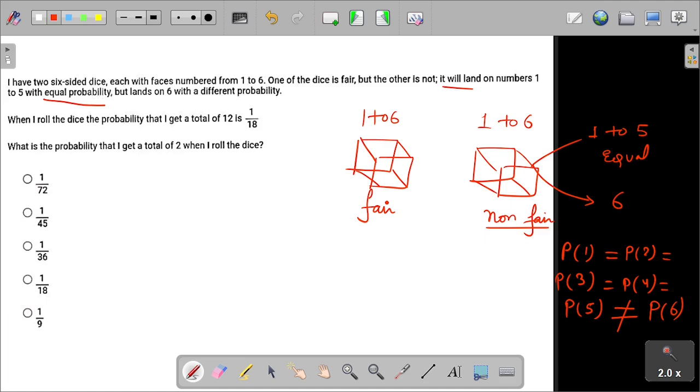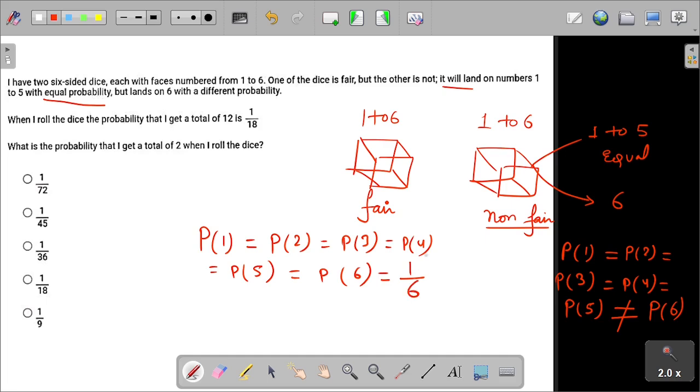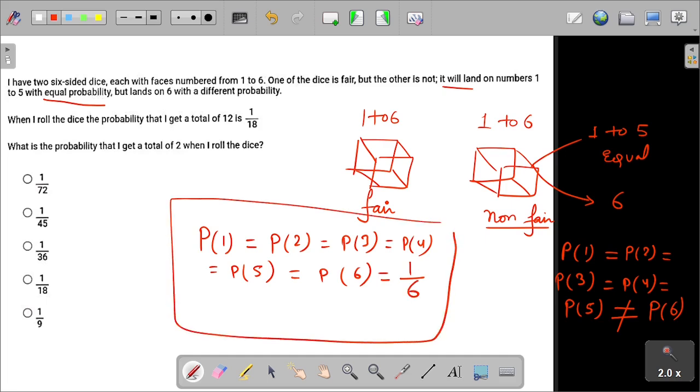If this were a fair dice, the probability of each surface would be equal, each 1 by 6. Why? Because the sum of all the probabilities should be equal to 1. So this is the case of the question.